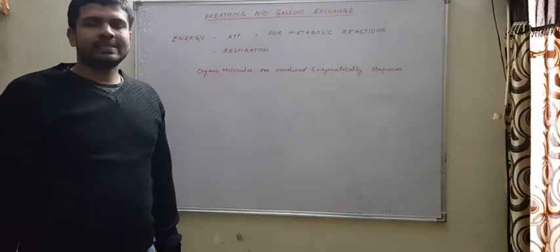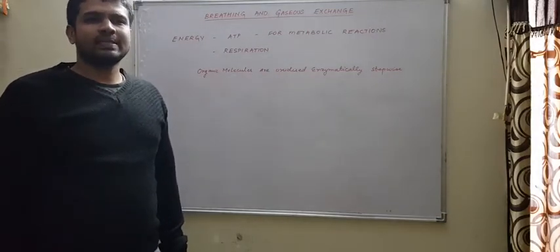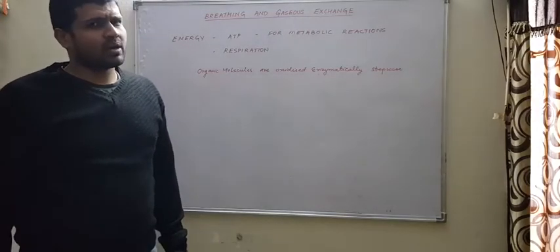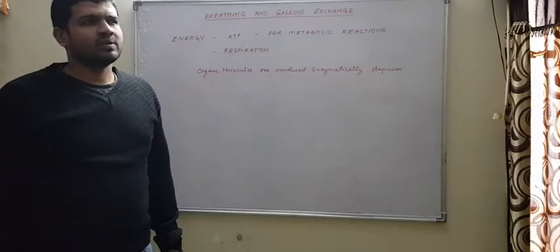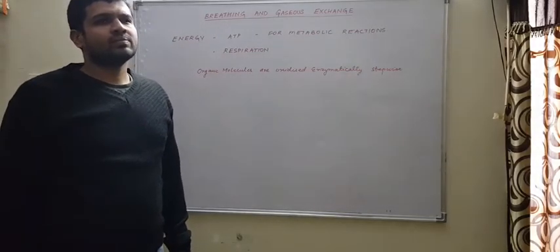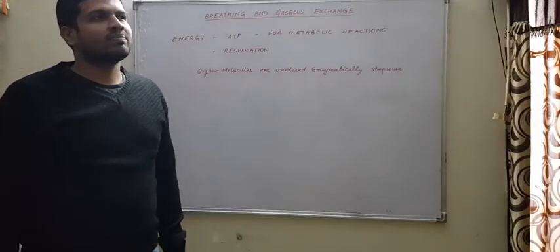The carbohydrates, the saccharides, are stored in the form of complex molecules. The glucose absorbed in your body is converted into glycogen and stored in the liver or in muscles.